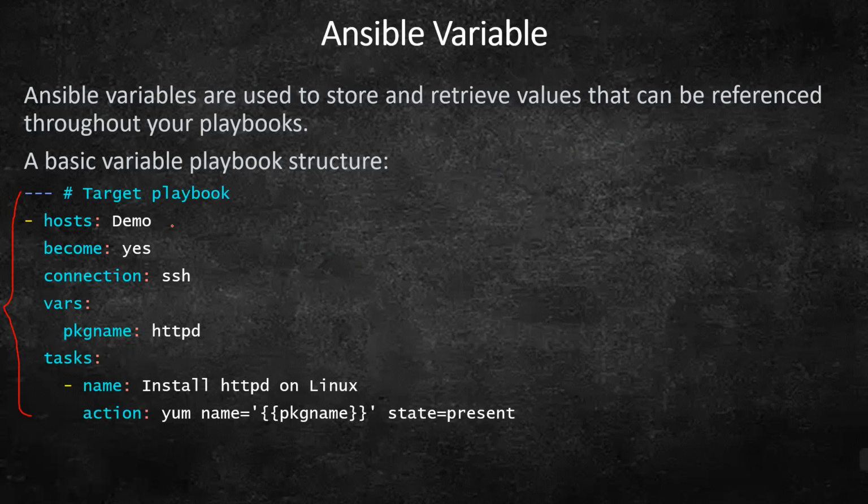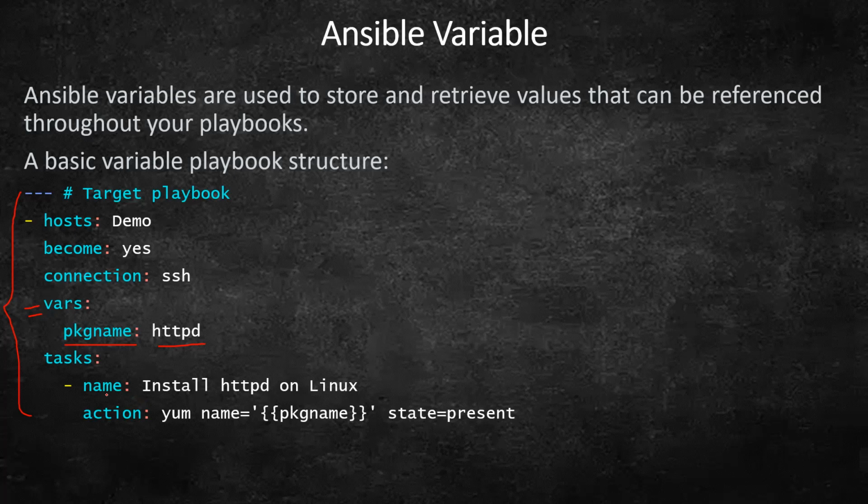Here hosts is demo and become is yes, and the connection is SSH. And here I have declared a variable, which is the new thing. In the variable, this is the key and this is the value.